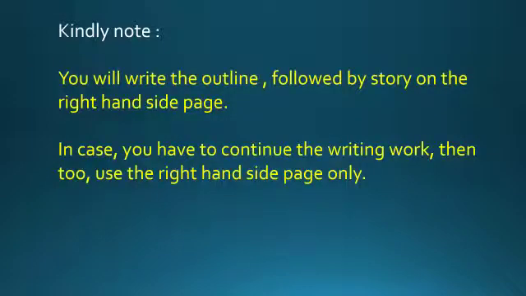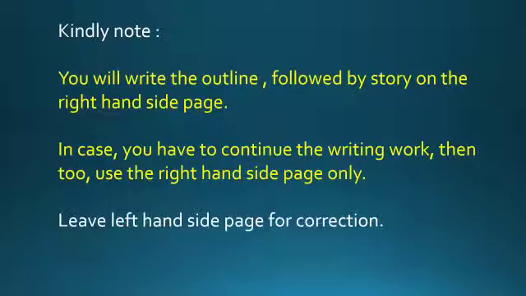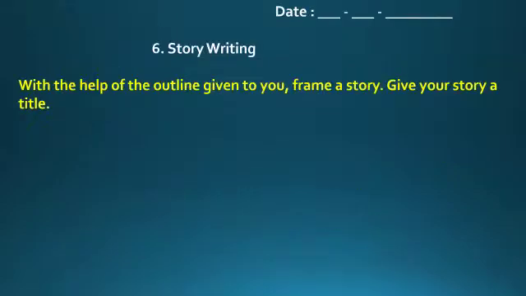In case you have to continue the writing work, then too use the right hand side page only. Leave left hand side page for correction. With the help of the outline given to you, frame a story. Give your story a title.